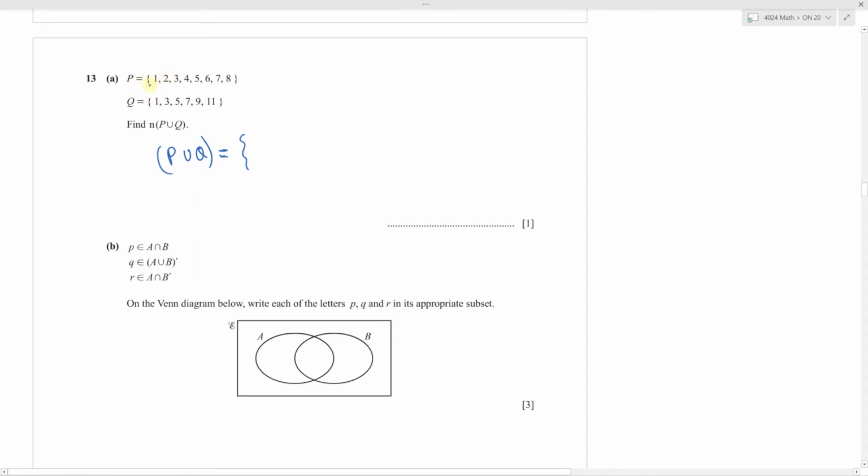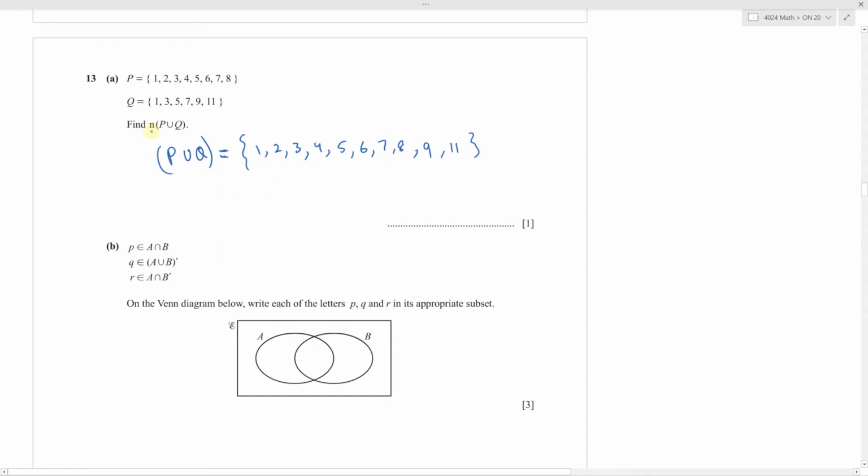So let's first write everything down that is in set P. So you have 1, 2, 3, 4, 5, 6, 7, 8. So this is everything in P, and then let's write down everything in Q, but make sure we don't duplicate. We have already written 1, you have already written 3, 5 is already there, 7 is also there, 9 is missing, so 9 and then 11. So this is the set P union Q.